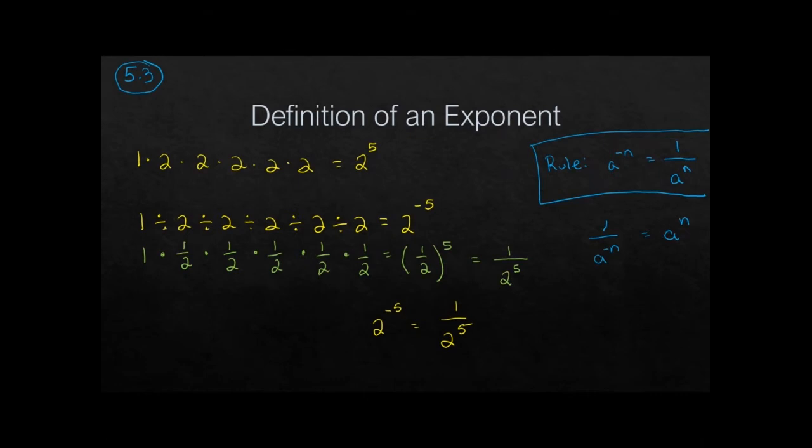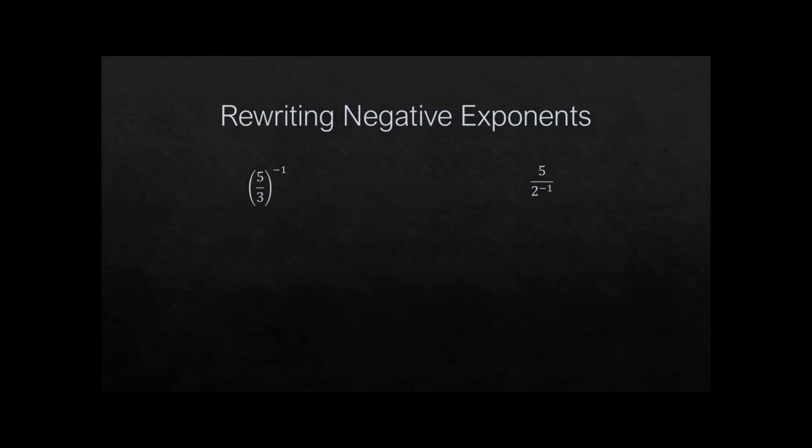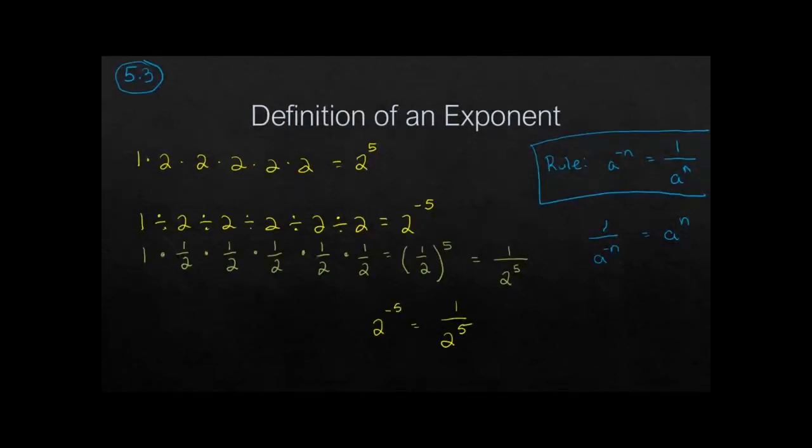I'm just going to go through and do some practice rewriting these exponents so you can see how they work. When you have something like 5/3 with a negative exponent, that negative exponent is saying that you're taking the reciprocal.